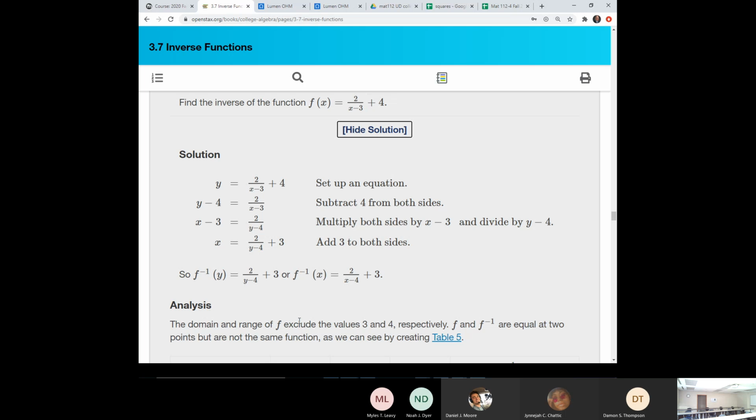And so the domain of f excludes the value of 3, and the inverse function cannot have a 4 as its input. Well, how would I ever get 4 out of this? This would have to be 0, so x would have to be super, super large.